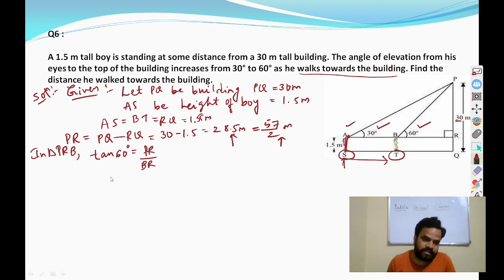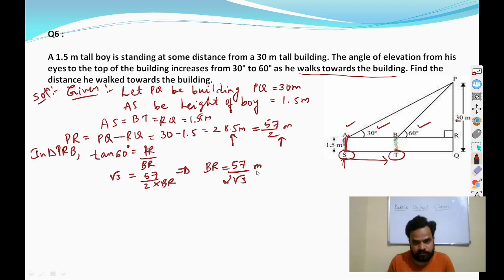So tan 60 degree, root 3, is equal to PR, which is 57 by 2, into BR as it is. So this implies BR can be written as 57 by 2 root 3 meter.